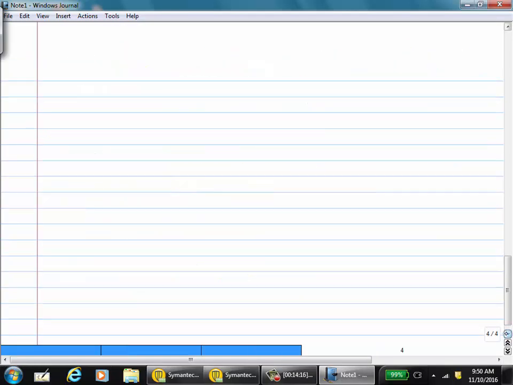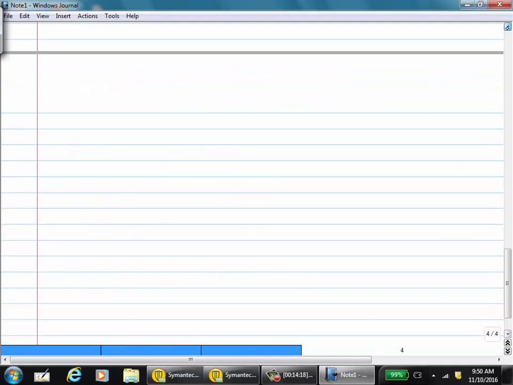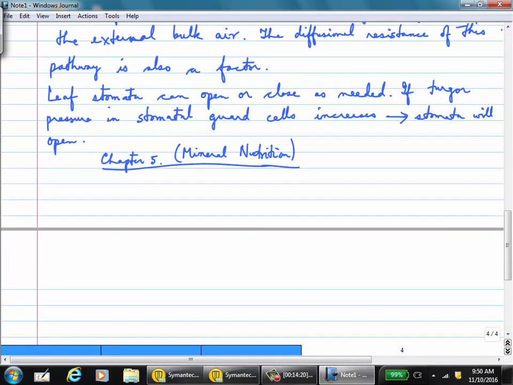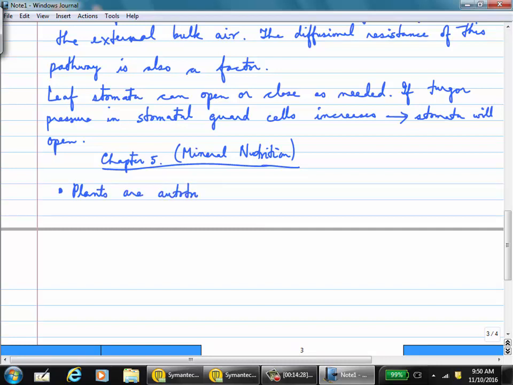So this chapter is about mineral nutrition. In general, most plants are what are called autotrophic organisms. That means they can produce everything that they need.